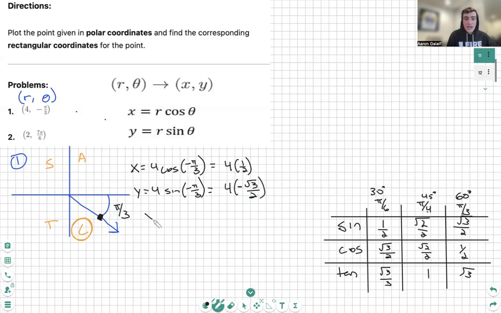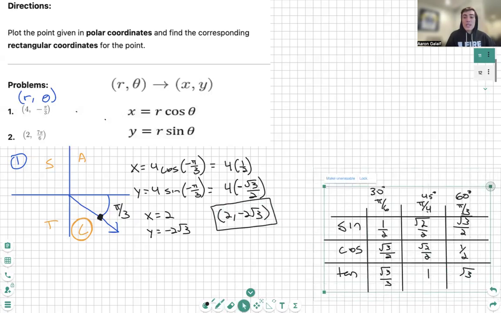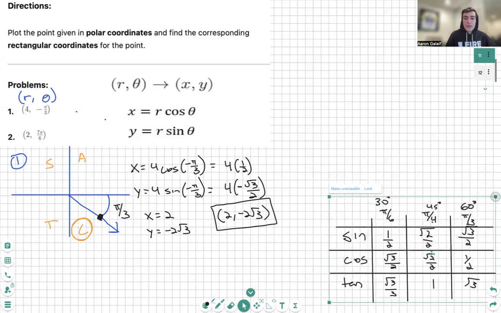We will rewrite now: x equals 2, y equals negative 2 root 3. And we can put it in the form (x, y). And that's it. That is how we solve these problems. That's how we move polar coordinates into that normal rectangular coordinates that we are familiar with.